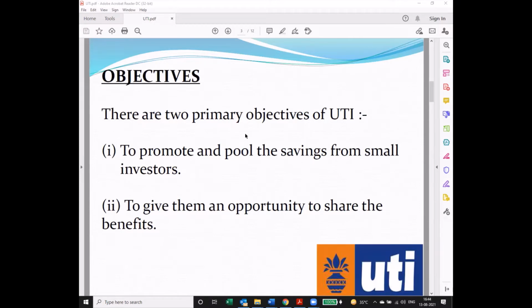1964 was one era after 17 years of independence. India started releasing some of the core sectors to private hands.